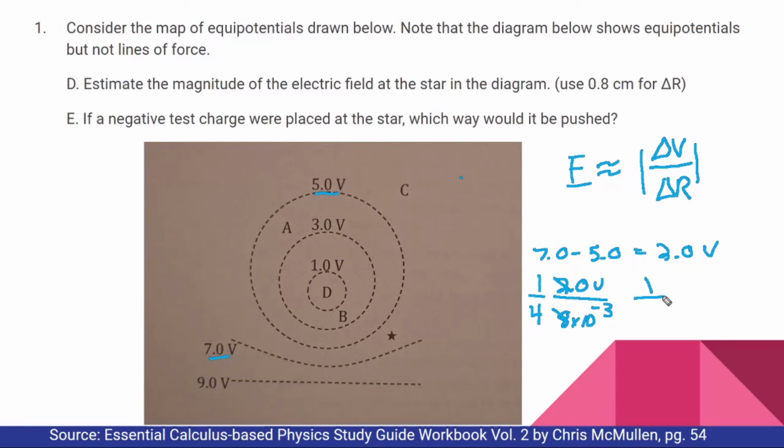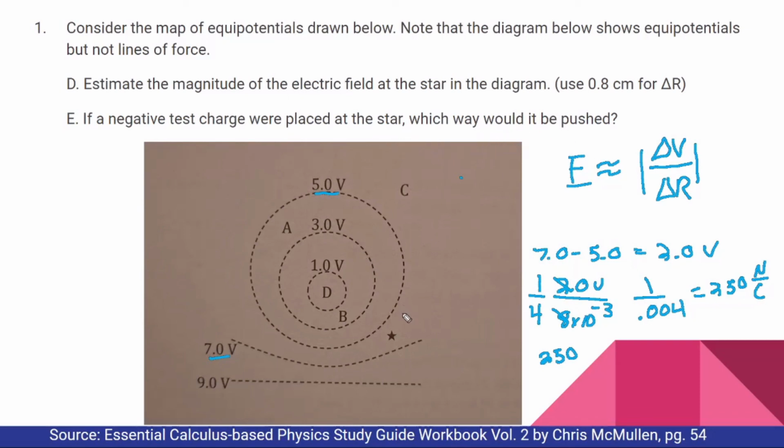So then we have 1 divided by 0.004, which ends up being about 250 newtons per coulomb.